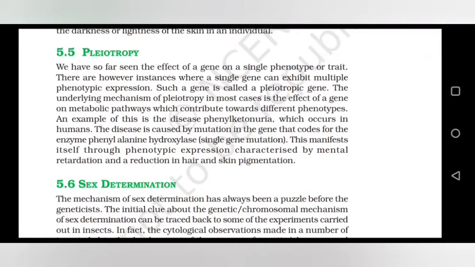This single gene mutation also affects the manifestation of other phenotypic expressions like mental retardation and reduction in hair and skin pigmentation. Therefore, it is also a type of pleiotropic expression.